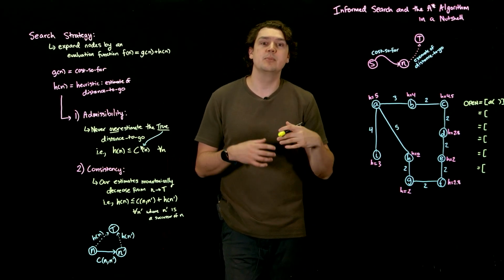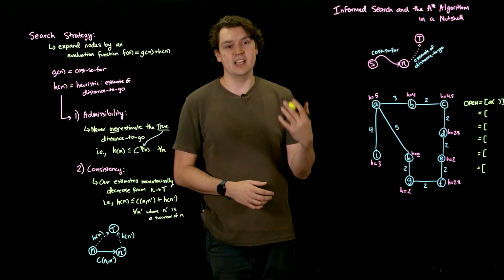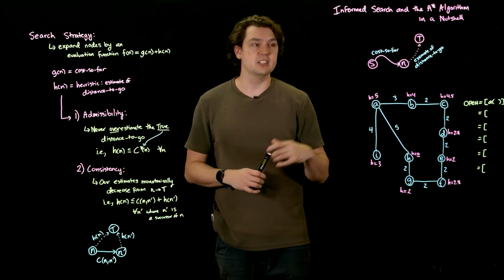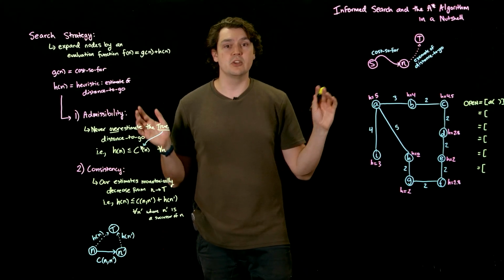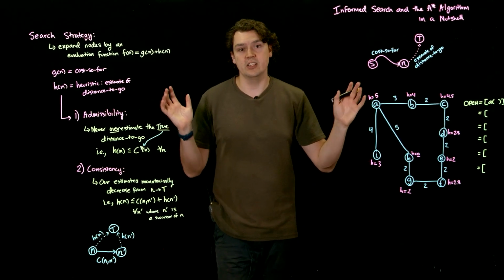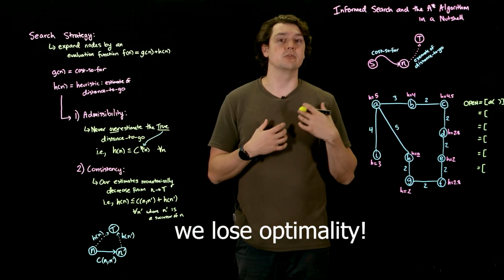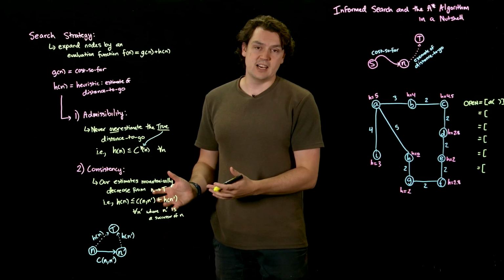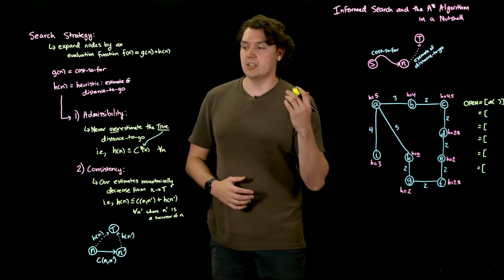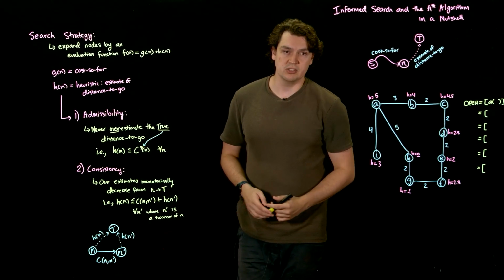It has to be overly eager. If the true distance was 10 and we return anything higher than 10, even 11, our algorithms can break. We'll have to encounter these issues of re-expansions. That is not something we're dealing with in this video, but admissibility is really, really important.